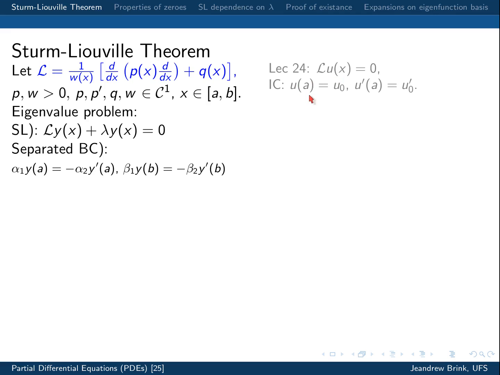The way we did it was to make a very clever Prüfer substitution, which is basically u equals r sine theta and p u prime equals r cos theta, and that allowed us to separate the second order differential equation into two first order equations, one of which is the equation for theta that decouples.